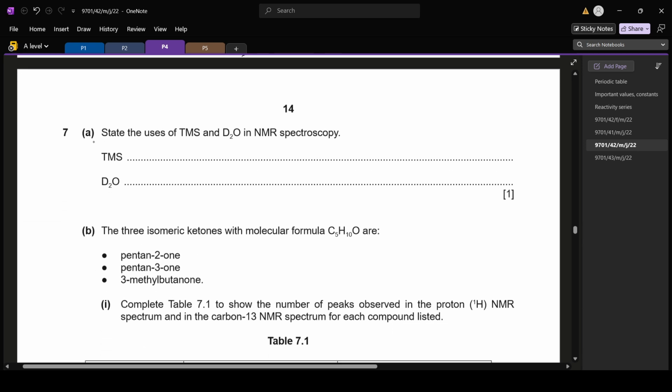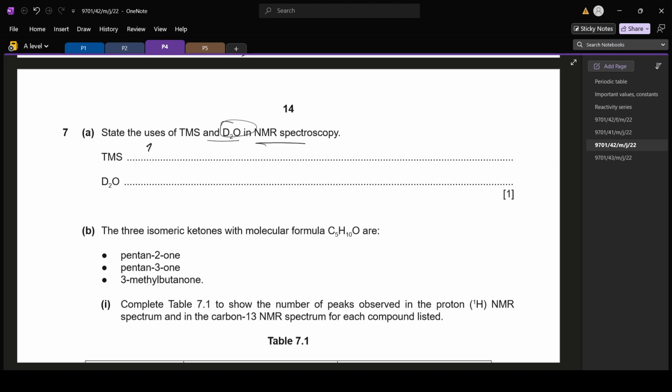Okay. Question number 7. State the use of TMS, which is tetramethylsilane, and D2O, which is heavy water, in NMR spectroscopy. So TMS is a standard or reference compound.